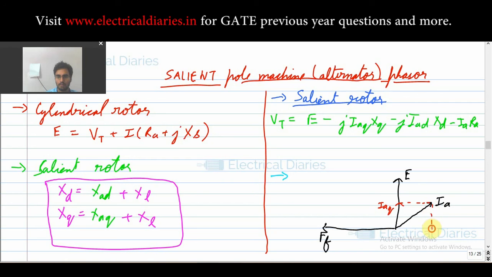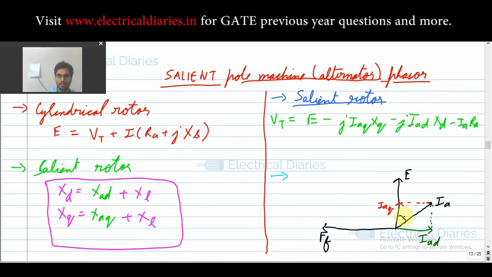This will be your IAD. I have resolved IA into two components, IAQ and IAD, and the angle between your E and IA is the internal power factor angle denoted by psi.